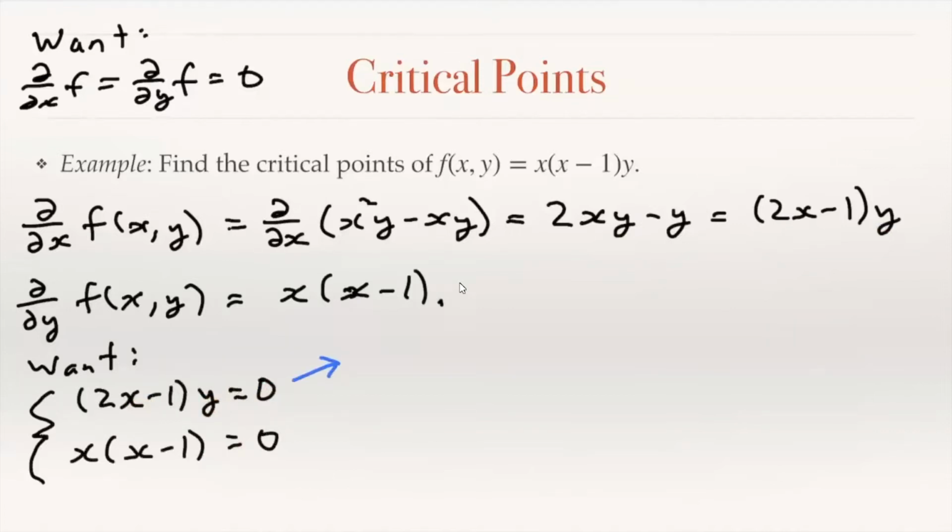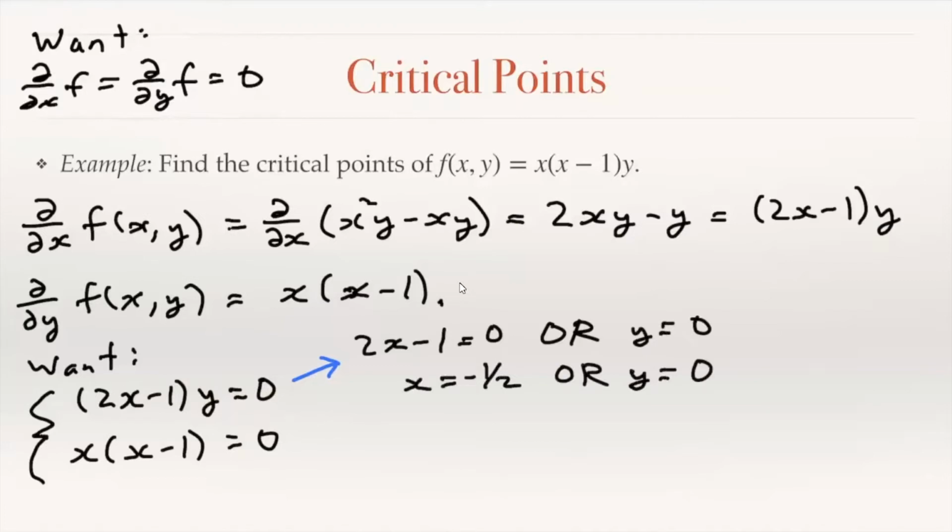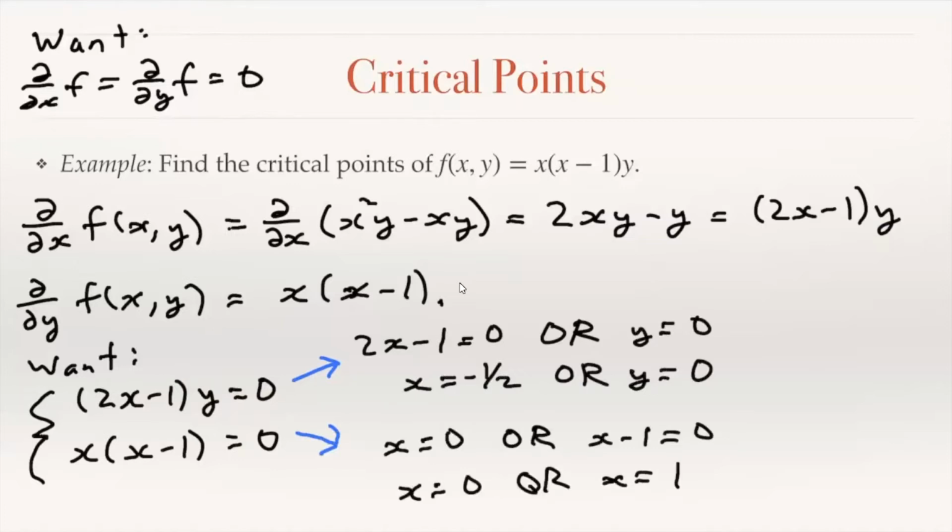So this first one implies that either 2x minus 1 is 0, or y is 0. And that's the same as x is 1/2, or y is 0. And the second one implies that x is 0, or x minus 1 is 0, so x is 0 or 1.